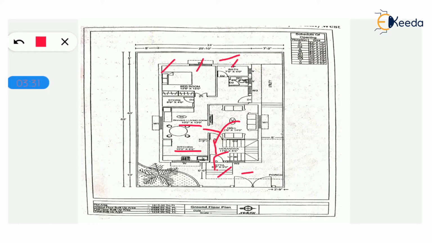And from that passage I can go with a D1 door into a bedroom, with a D2 door into a storeroom, and from this passage I can go with a D2 door into a bathroom and a D2 door into a WC. D1, D2, D3, what are they? D indicates the door. D is the abbreviation for door. The number indicates a constant dimension for that door. D1 means the dimension of a door.